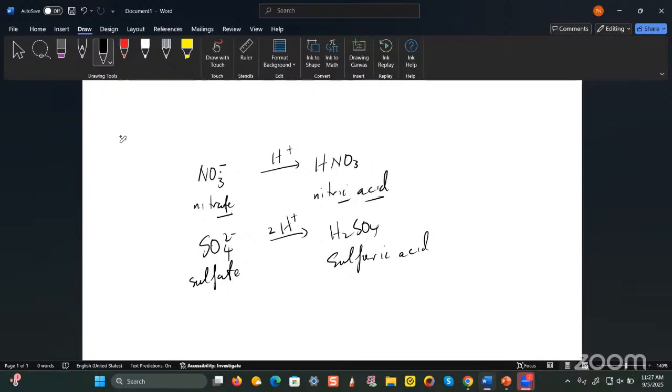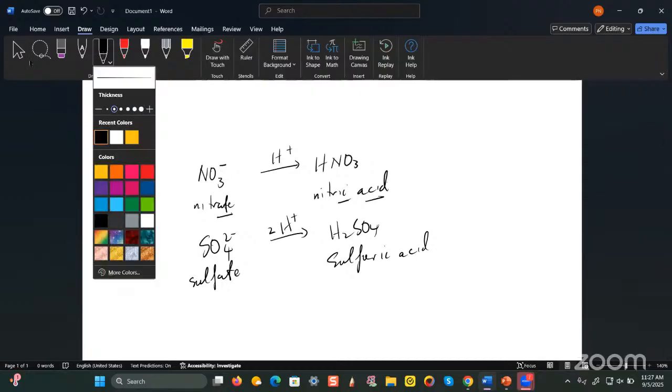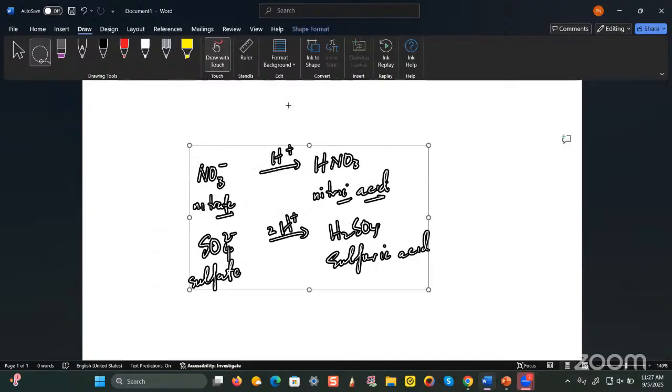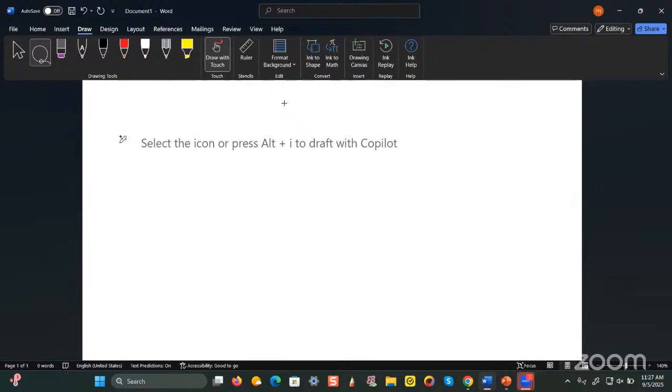Now, there's one more thing I want to mention here, and that is there's one particular compound which is kind of unique in terms of not belonging to any one of these two categories. Because remember, we talked about binary acids and we talked about oxyacids. Now, there's one particular acid. Let me write down the formula here.